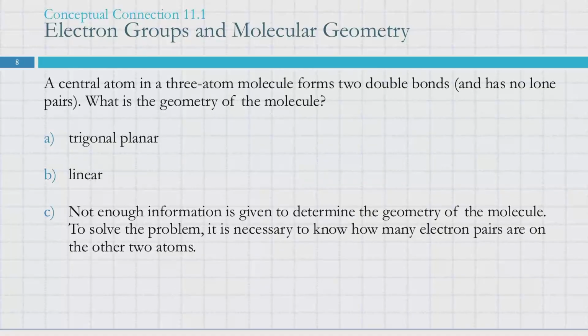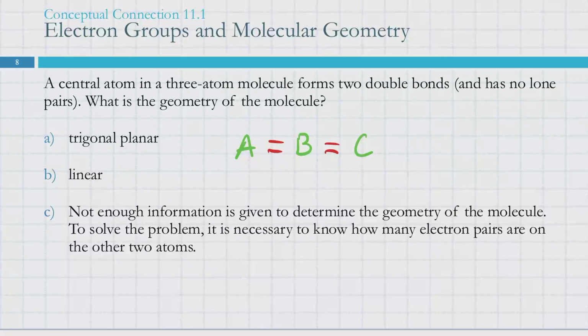All right, we've got 3 atoms. Let's just call them A, B, and C. The central atom here is B, because it's between the other 2. A, B, and C are our 3 atoms. The central atom, B, forms 2 double bonds. And it has no lone pairs.